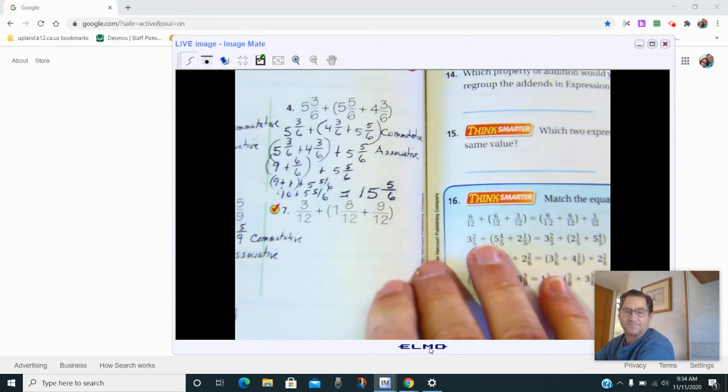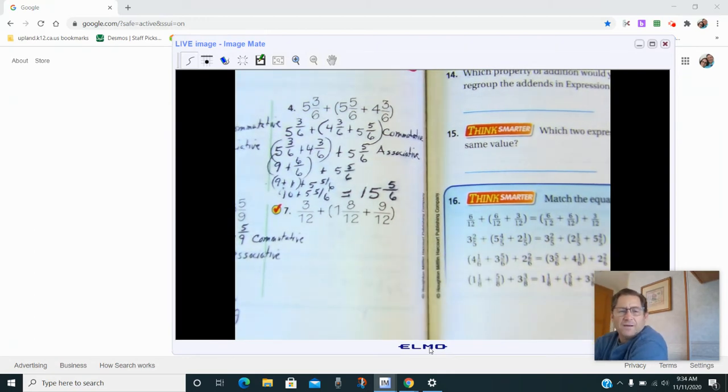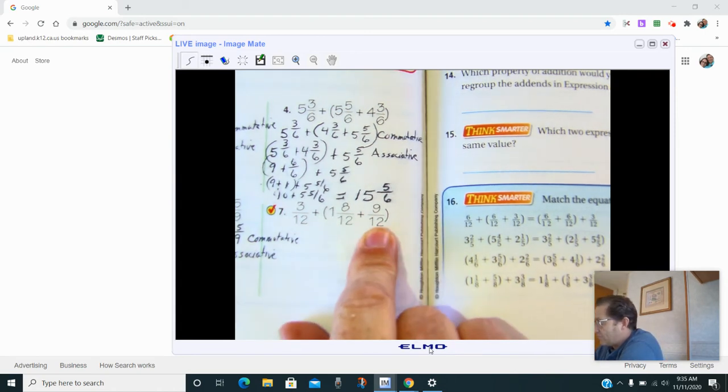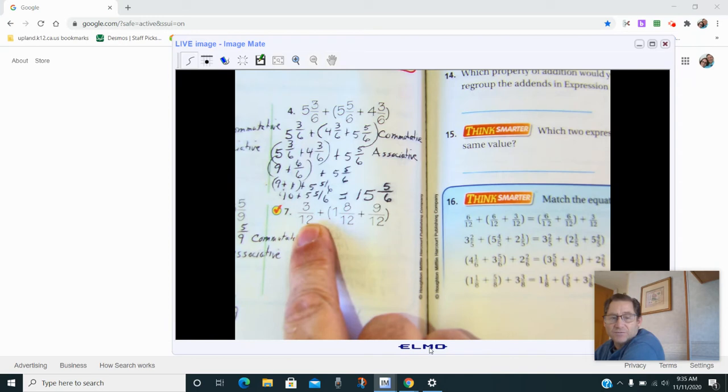And number 7. 3/12 and 8/12, that's 11/12. 9/12 plus 8/12, that's 17/12. But 9/12 and 3/12, that's 12/12. So how can we get this 9/12 next to the 3/12?